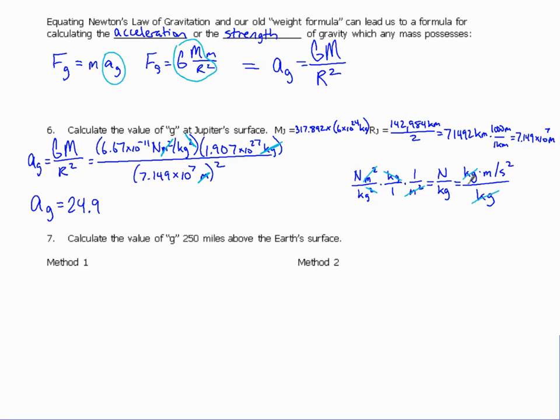Kilograms will cancel out, and that leaves us with meters per second squared. 24.9 meters per second squared, and that's approximately 25. In the few instances where we calculate things based on Jupiter, we typically use 25. Just like with Earth, we typically use 10.